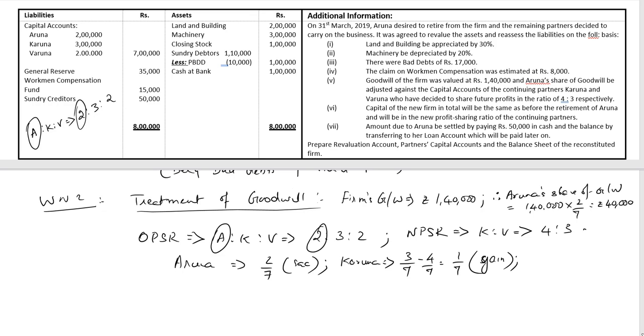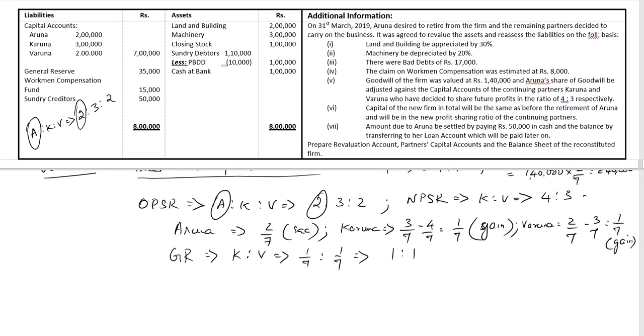And in the case of Varuna, old share 2 by 7 minus the new share 3 by 7, again a 1 by 7 gain. Varuna also gains. Hence the gaining ratio between Karuna and Varuna is equal to 1 by 7 is to 1 by 7, or in other words 1 is to 1.